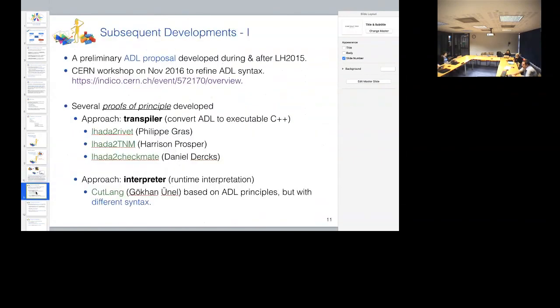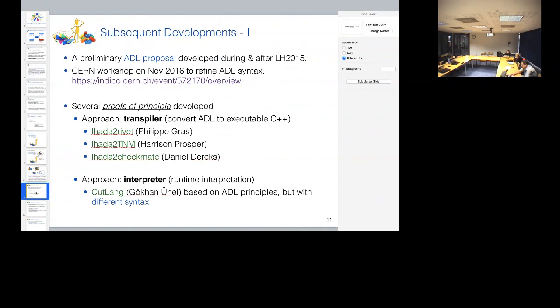So after this paper was published, or at least put on the archive, with a specific proposal for an ADL, we had a workshop in November 2016 at CERN, to develop the ADL syntax a bit further and to have more discussion.